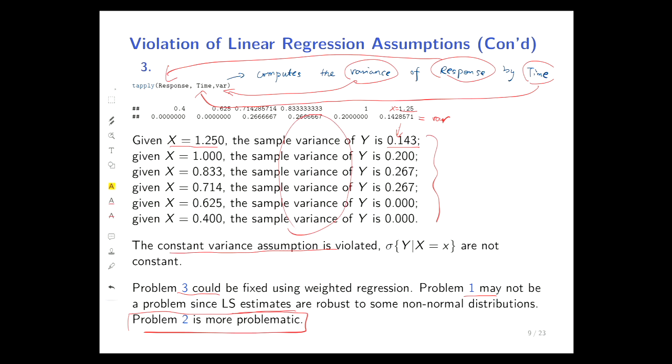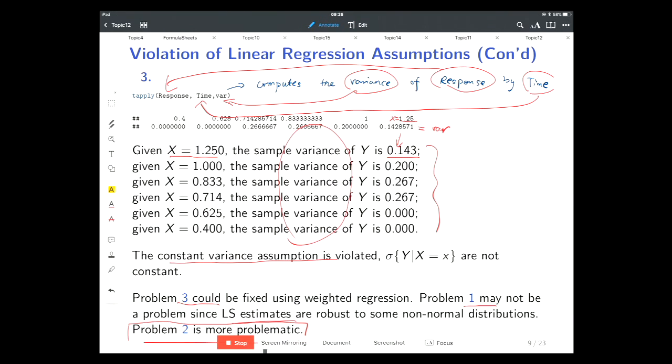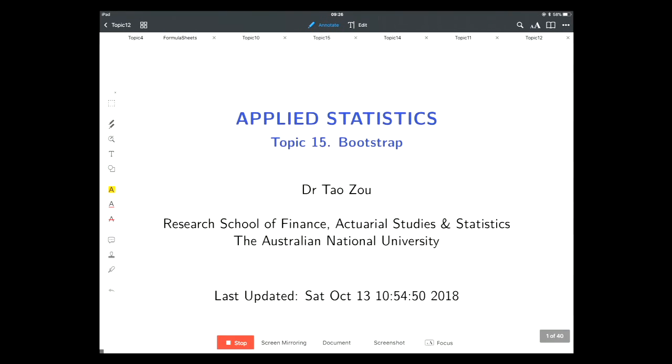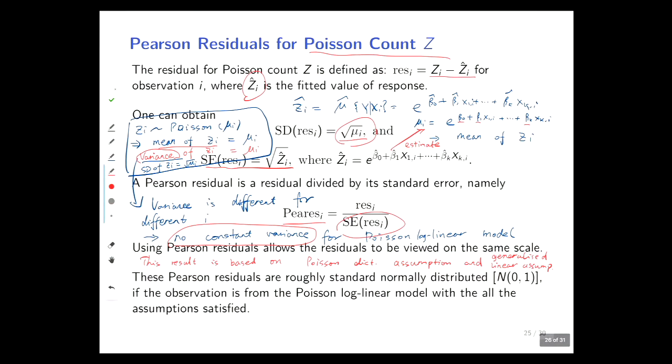So in this case, basically for all the generalized linear models we have mentioned in this course, the conclusion is that for all the generalized linear models, we never have constant variance. Because we never have constant variance, we do not need to check this assumption.